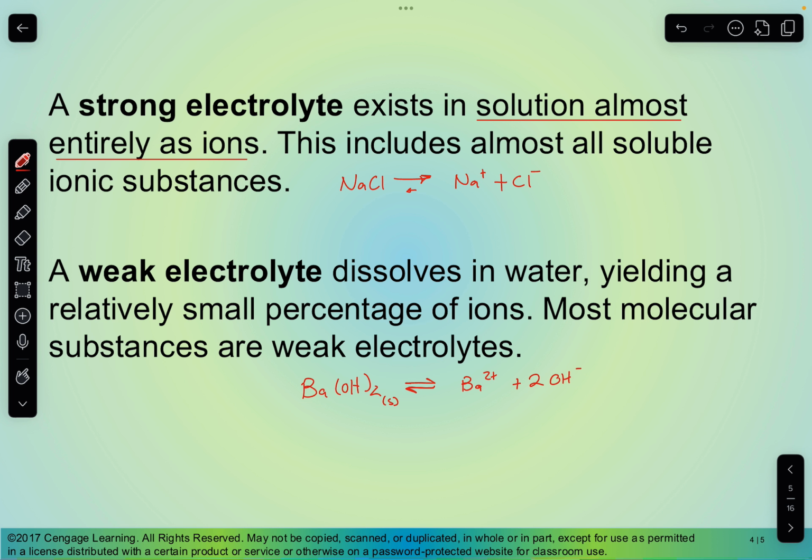So it's going to go back and forth between that, which means that it is a weak electrolyte, which means that it has a small percentage of ions.